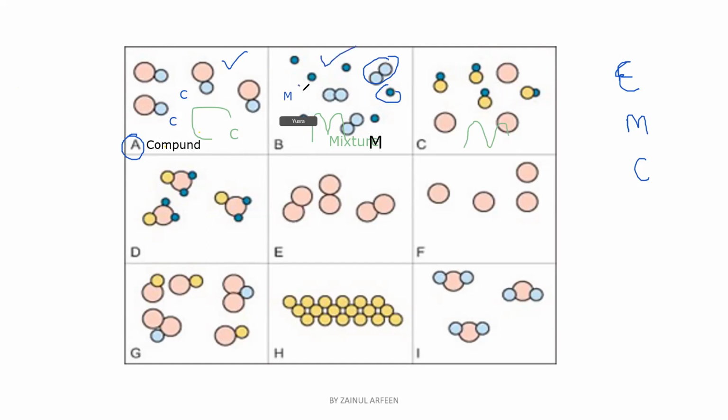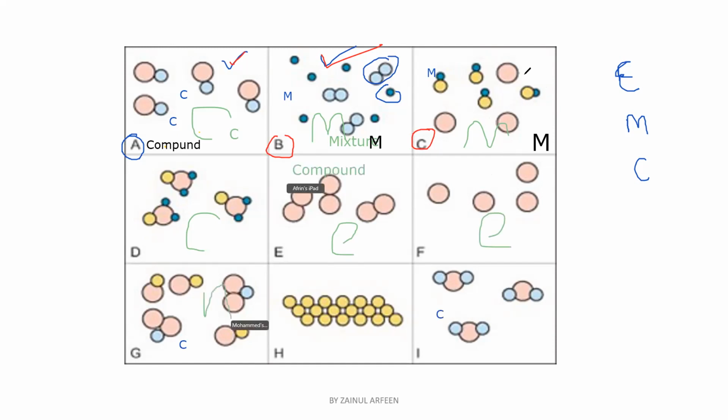That's correct. What about C? And C, different types of substances are there, so that's a mixture. That's correct. What about D?